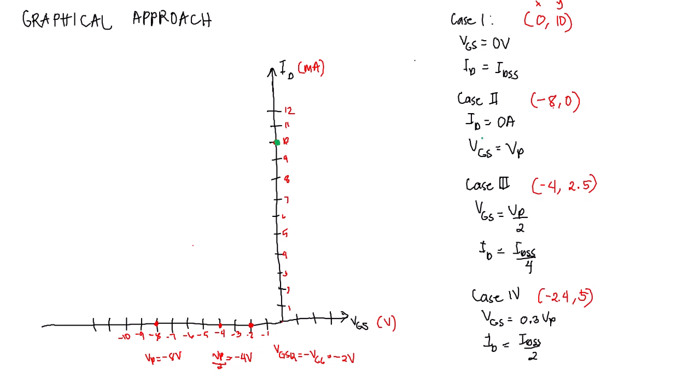For case 2, we set ID to 0, and our VGS is equal to VP, which is equal to negative 8 volts.